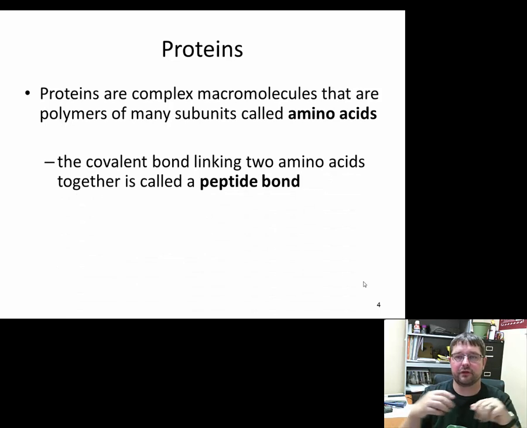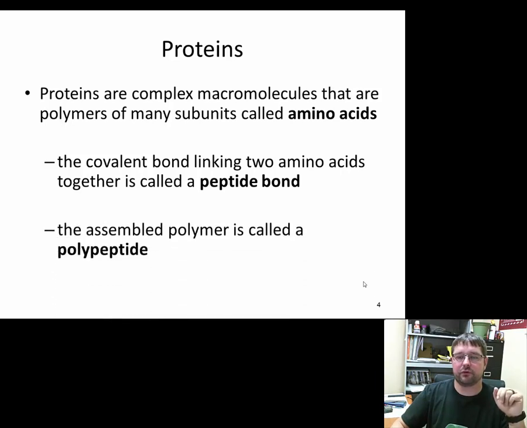These amino acids are linked together with what we call a peptide bond, which is just a bond between nitrogen and carbon. It's a specialized bond that allows amino acids to be bound together. The more amino acids you get together, the longer the chain, and you get yourself a simple protein. We'll come back to the shape and structures of proteins in a little bit.